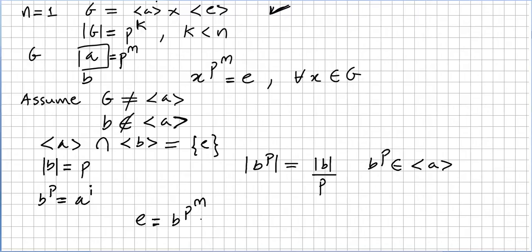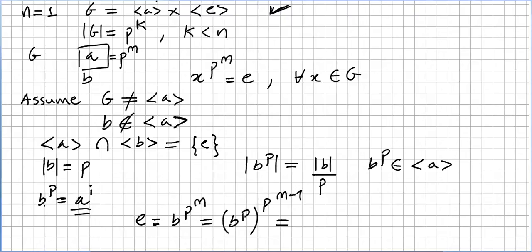Okay, so this is the same as saying that B to the power of P, this P here, is the same as P to the power of M minus 1. And that is nothing else.